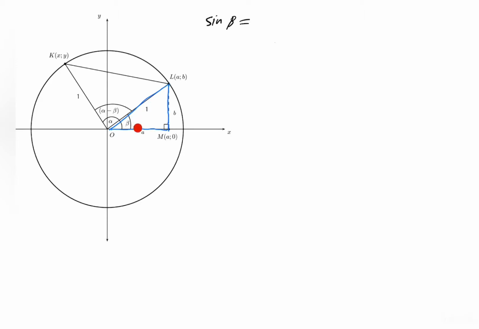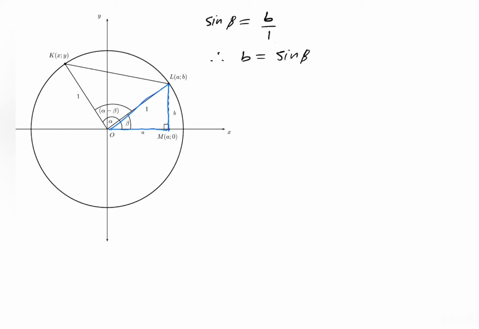Because it's a right angle triangle, when we say sine of beta, our opposite is going to be b. Therefore, we say b over, and our hypotenuse is OK, but OK is equivalent to 1, the unit 1. So therefore we just say 1. If we make b the subject of the formula, b is just sine beta, because every number divided by 1 stays the same. So we have b equals sine beta.